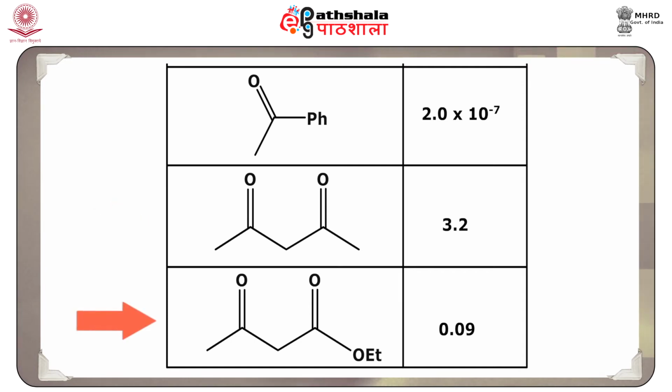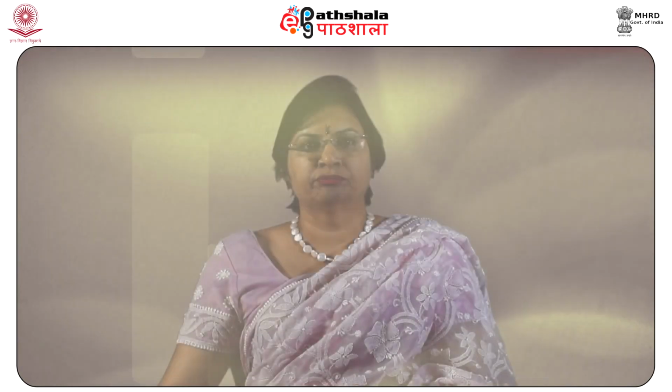And similarly, here you can see when the carbonyl is joined to CH2, further joined to the ester group, then because of the electron withdrawing nature of the ester, it will help the enolization, and in the enol form the double bond will be conjugated to the carbonyl of the ester. So here again the value is quite high, representing the higher enol content.